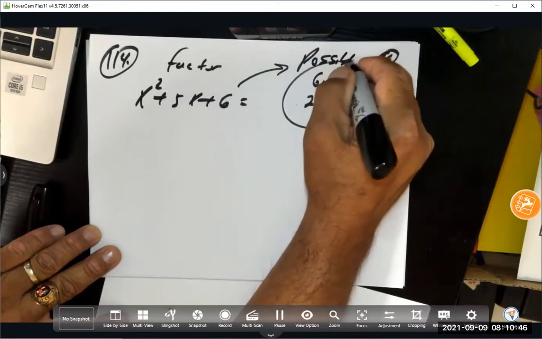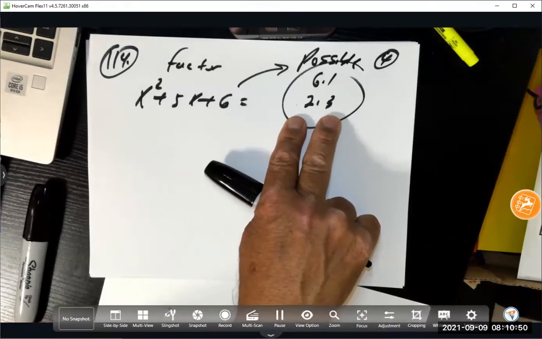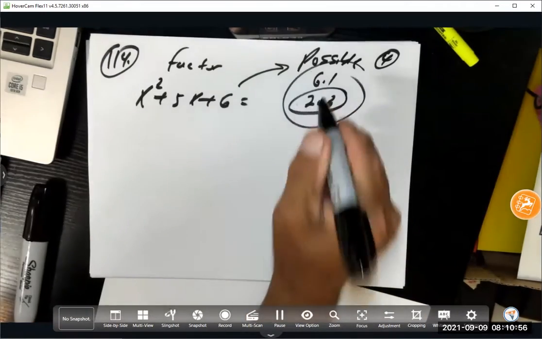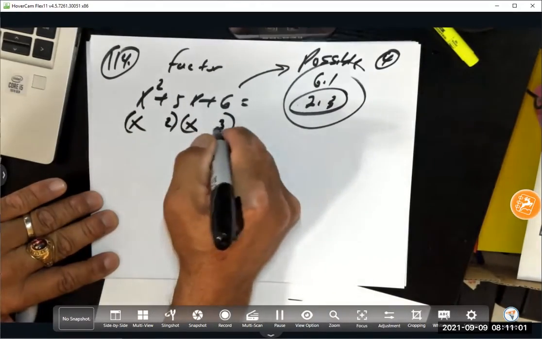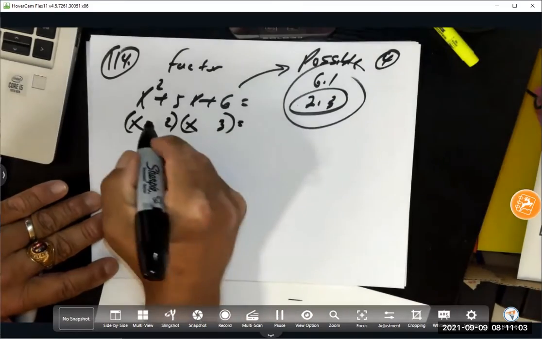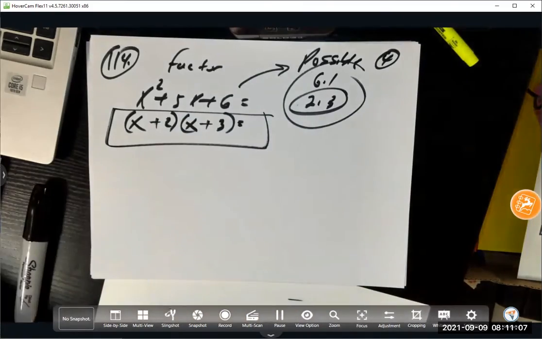Which one adds to be a 5? 2 and 3. Somebody said 2 and 3 is the answer, so I'm going to try 2 and 3 like you said. x plus 2 and x plus 3, with pluses.